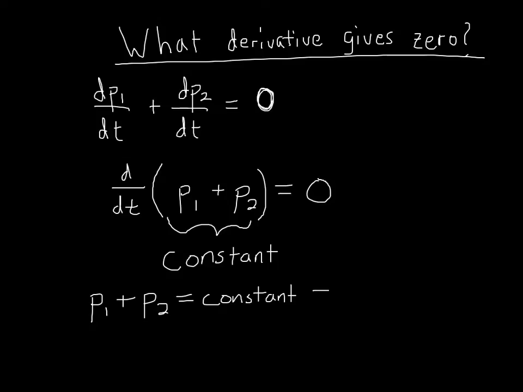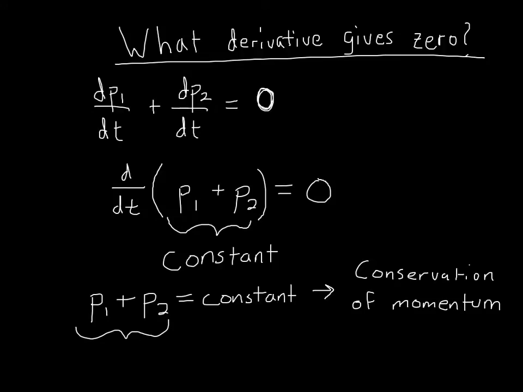And this leads us to the conservation of momentum. As long as I don't have any other outside forces acting, then the total momentum in a system, in this case we had p1 plus p2, is going to be a constant. It's never going to change.